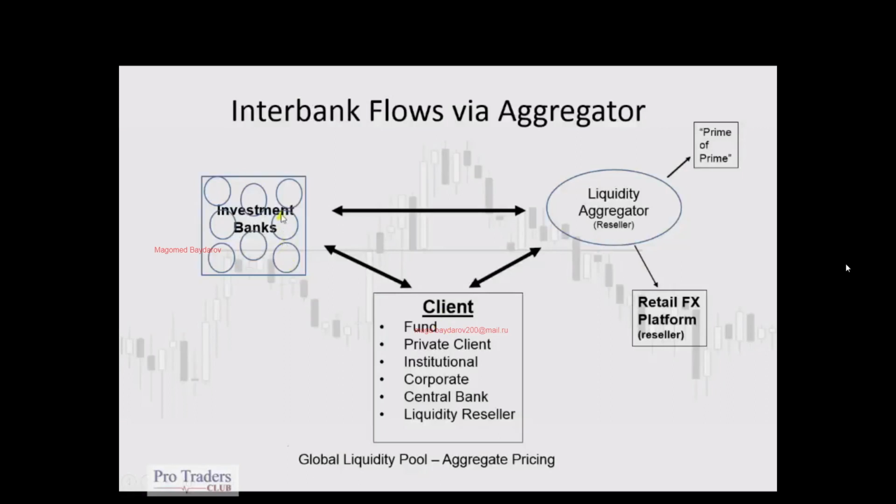So the collection of investment banks are going to have an agreement with a liquidity aggregator, the likes of Currenex, Hotspot, FXall, and the aggregator is going to have agreements with a multitude of banks. So they are going to set up lines of credit with the bank.